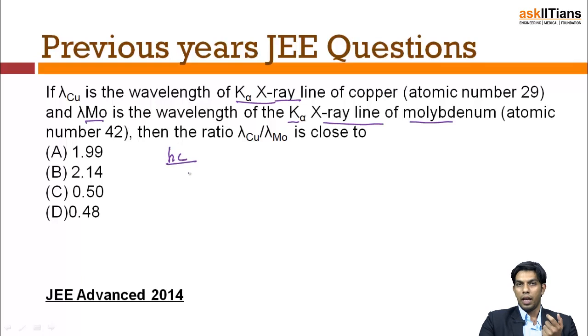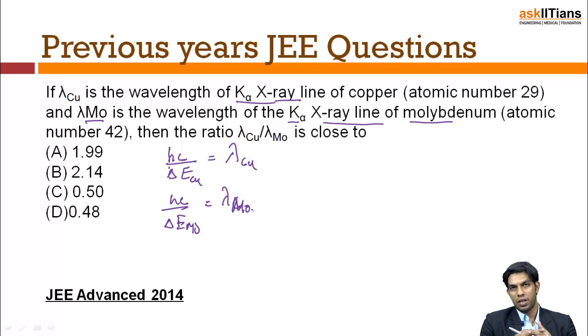I know that the energy which one gets from the characteristic K alpha line gives the wavelength which I end up getting, in copper, or let's say in the case of molybdenum. So this is the wavelength which I am expecting.